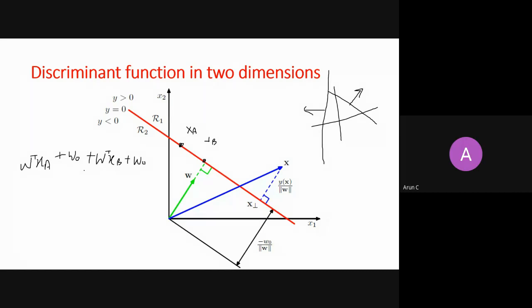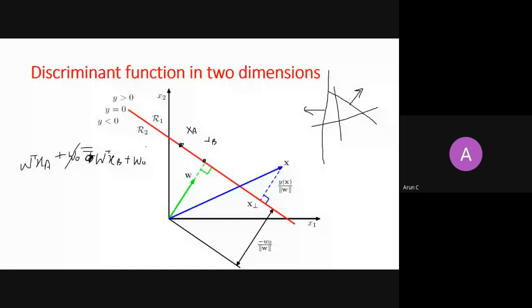If they are equal to 0, then I can equate them: W transpose XA plus W naught equals W transpose XB plus W naught.